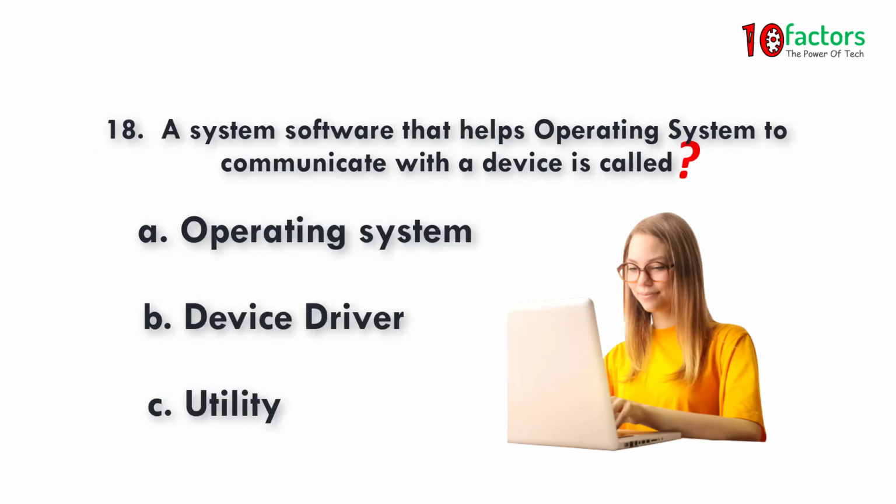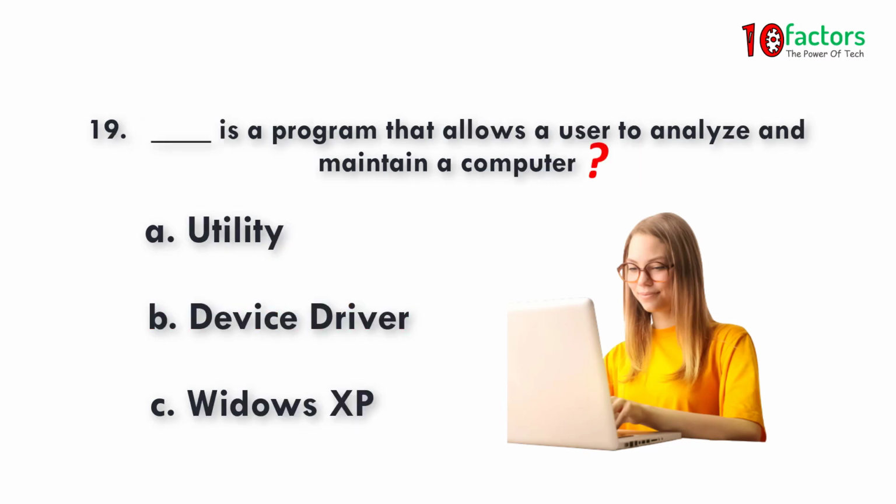Microsoft Windows. Question 18. A system software that helps operating system to communicate with a device is called: A. Operating system. B. Device driver. C. Utility. Right answer, B. Device driver. Question 19. Is a program that allows a user to analyze and maintain a computer.